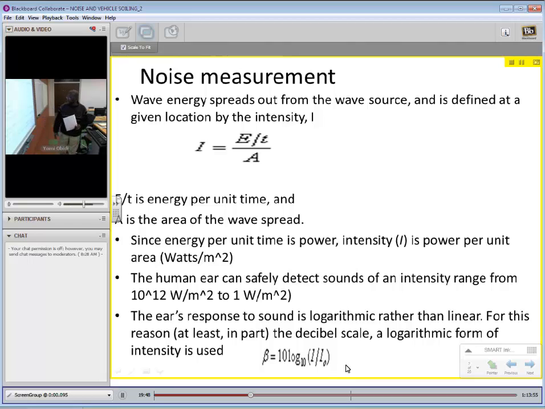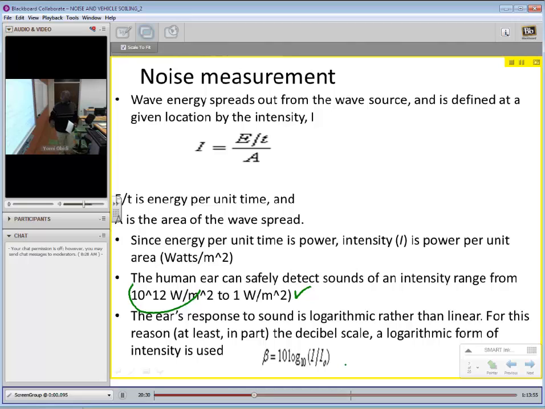The human ear can safely detect sound intensity from 10 to the power minus 12 watts per meter squared to about 1 watt per meter squared. That's the range of human hearing. The ear's response to sound is easier to describe in terms of what we're used to, which is the decibel.